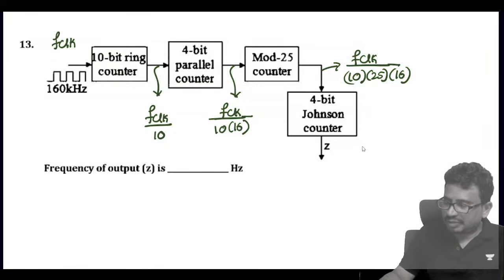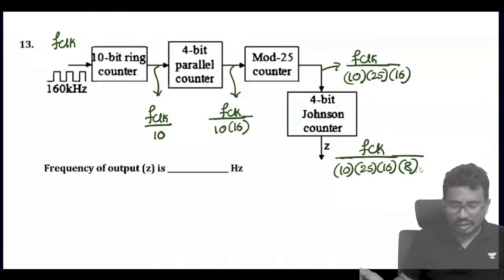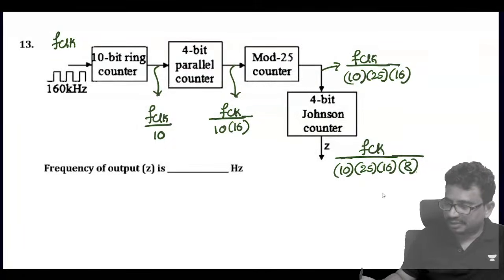And Johnson counter mod number is 2n. So this is 10 into 25 into 16 into 8. So how much is the frequency, tell me?